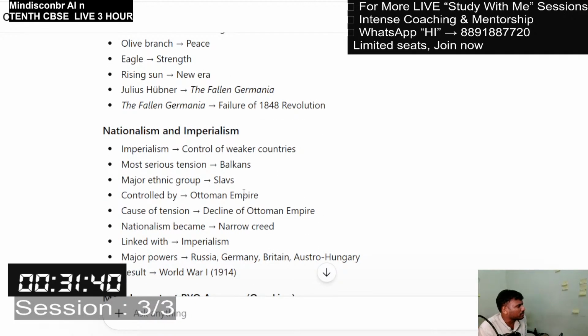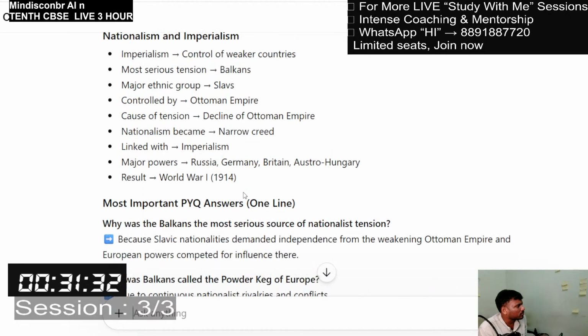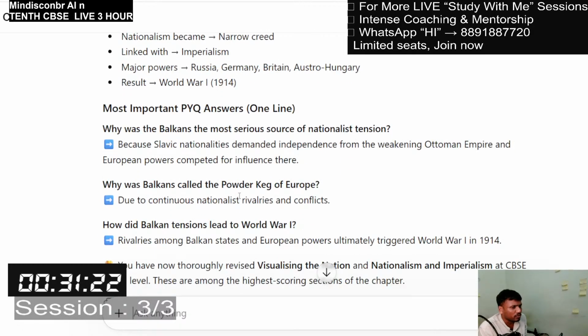Nationalism and imperialism, control of weaker countries. Most serious tension, Balkans; major ethnic group Slavs, controlled by the Ottoman Empire; cause of tension, decline of the Ottoman Empire; nationalism became a narrow creed linked with imperialism. Major powers Russia, Germany, Britain, Austro-Hungary. Result World War I, 1914.